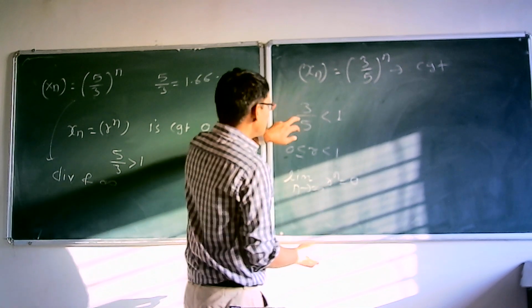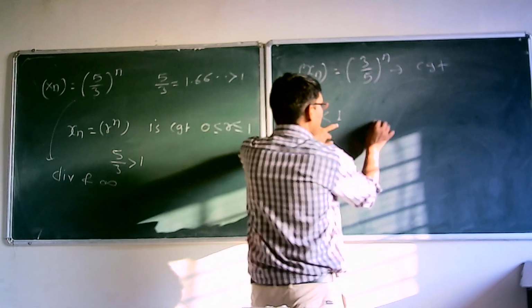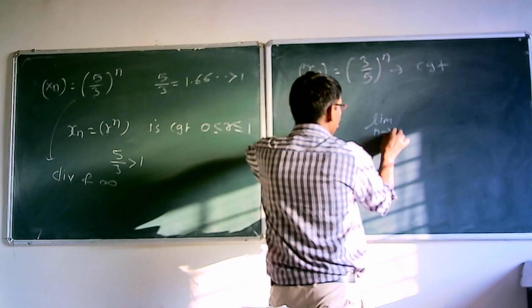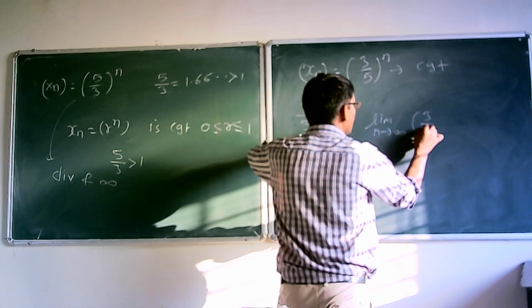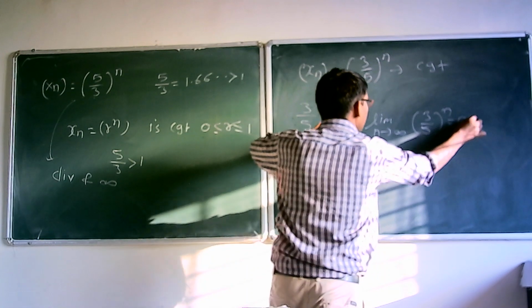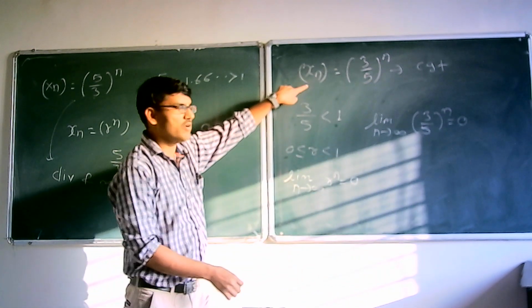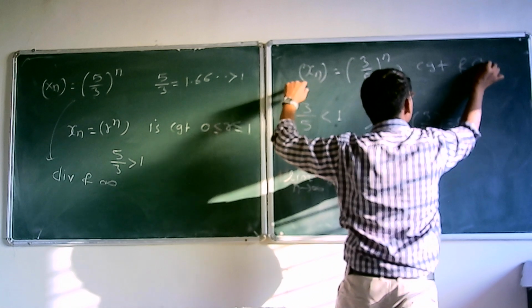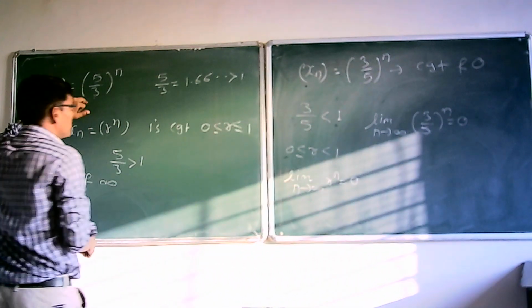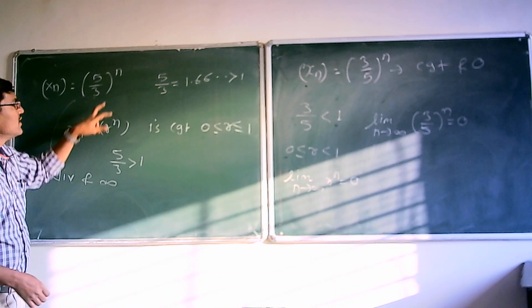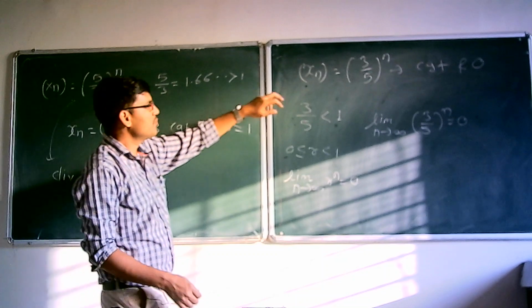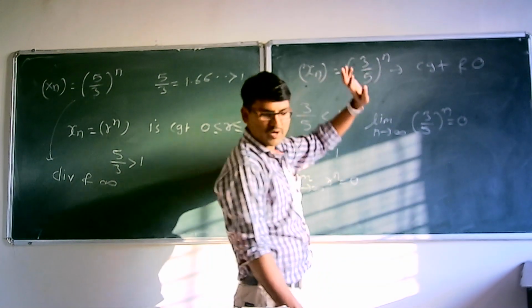So here 3 by 5 is less than 1, and therefore limit n tends to infinity, 3 by 5 raised to n is equal to 0. Therefore this sequence is convergent, and it converges to 0. But the earlier sequence is divergent and diverges to infinity, because 5 by 3 is greater than 1, but 3 by 5 is less than 1.